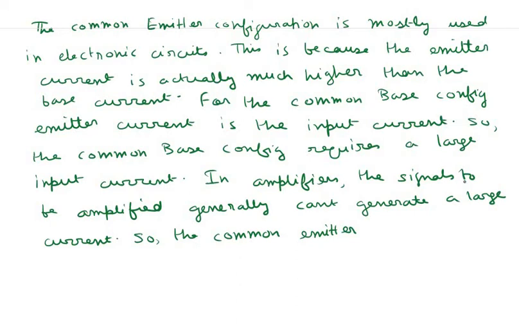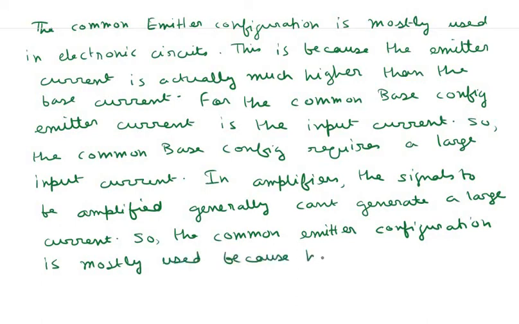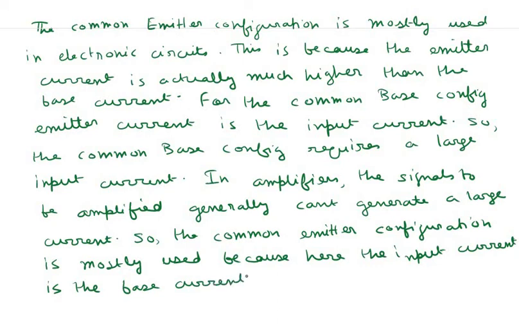Okay, so the common emitter configuration is mostly used because here the input current is the base current, which is generally very low.